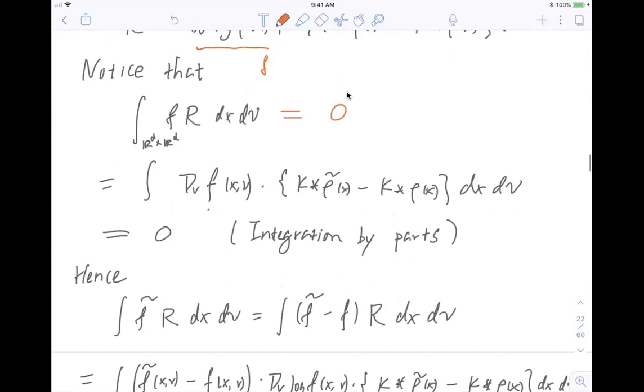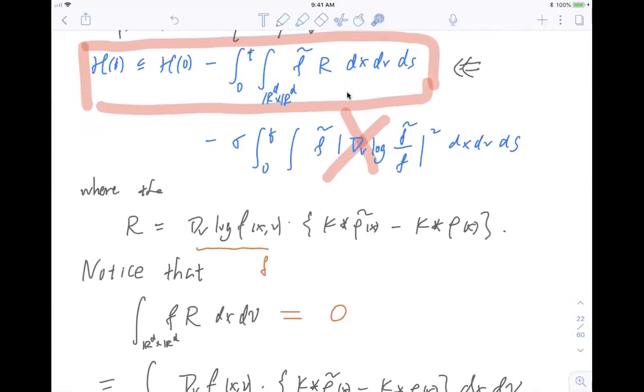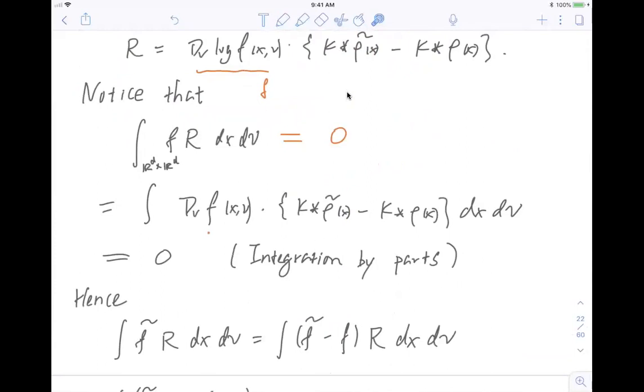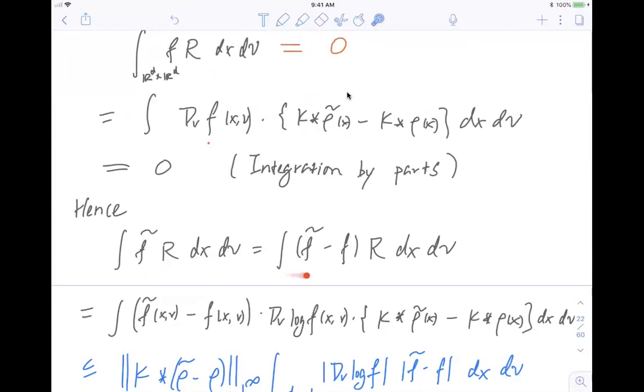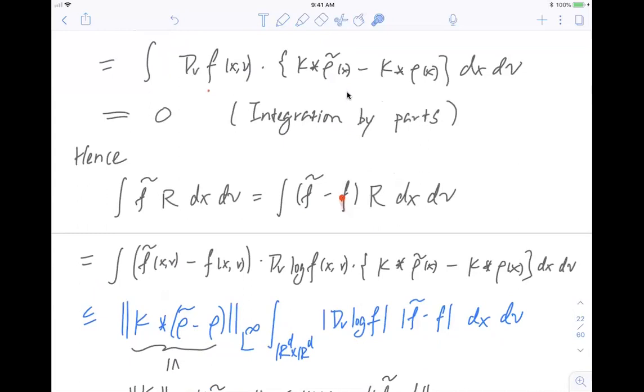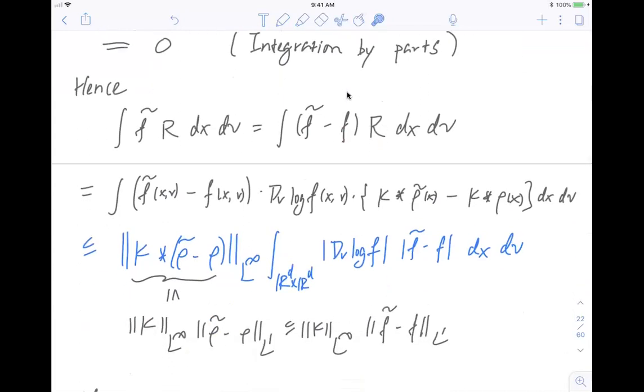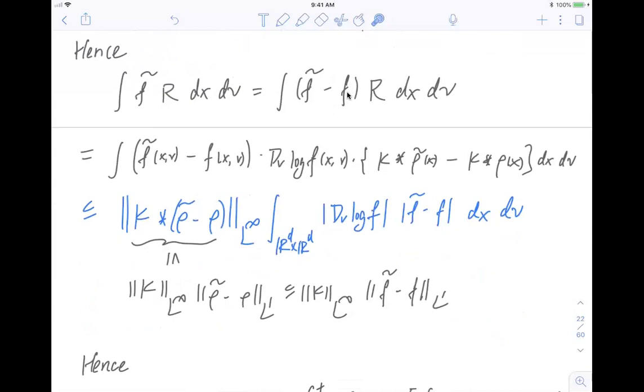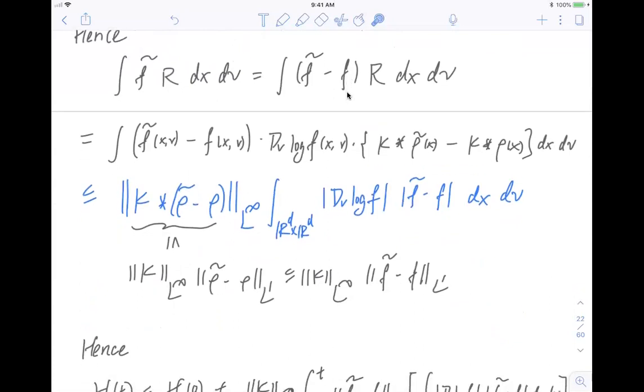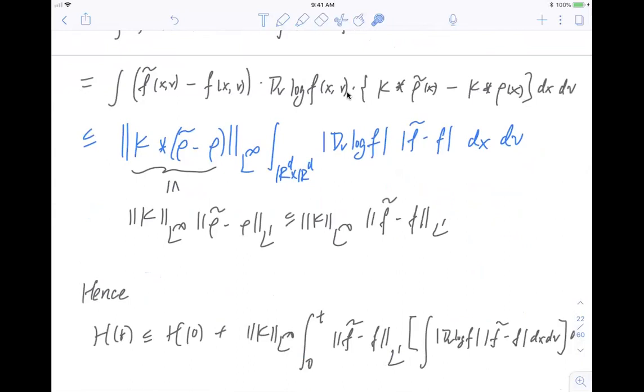Okay, so to control this term, we can plug in a 0 term. We just do this computation, since the contribution from this term is 0. So we can do all the trivial estimates. Here we are using the L infinity norm; we pull out the L infinity norm, so we get this term. And we put the absolute value everywhere, here and here.